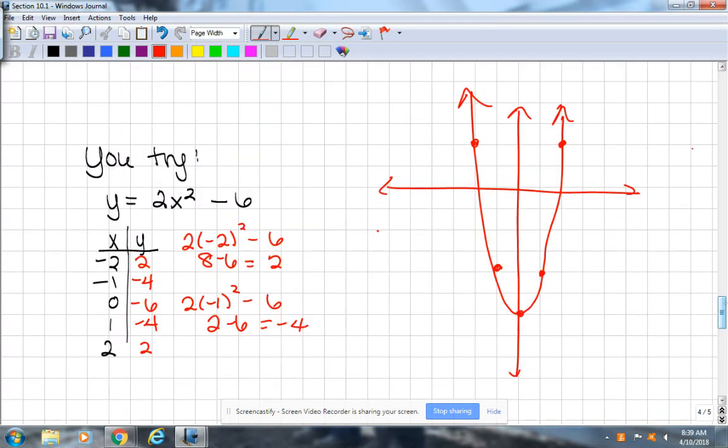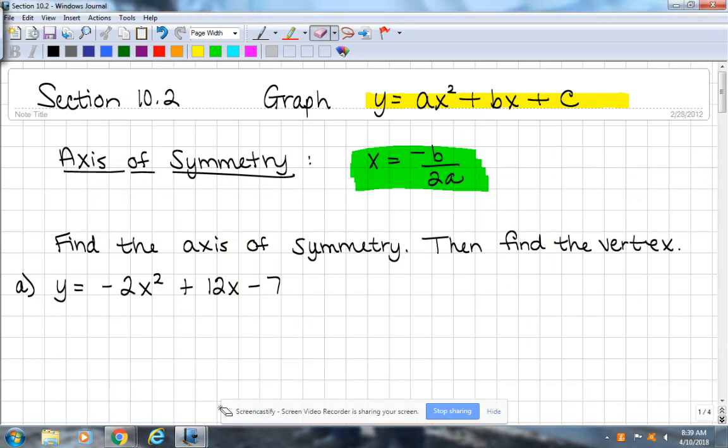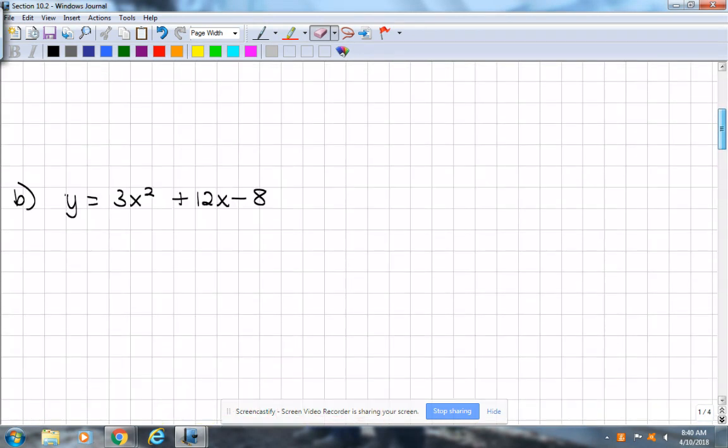All right, so that's the end of this lesson, and I do want to go ahead and do a little bit in section 10.2 to get us started for tomorrow. So, you don't need graph paper for the part we're going to do. Just notebook paper will be fine. Okay, we're going to stop.